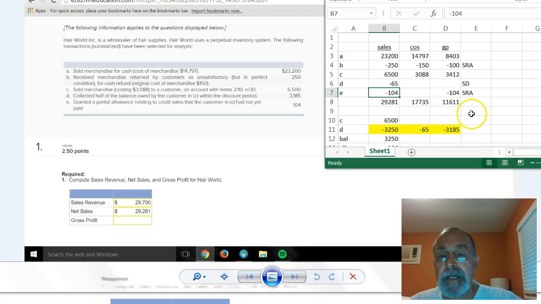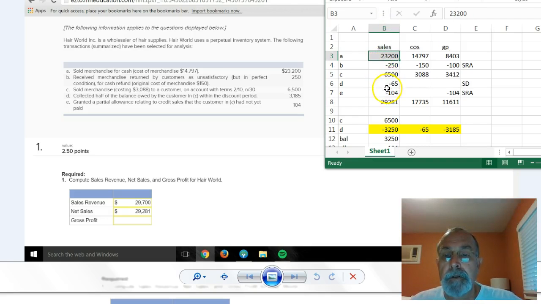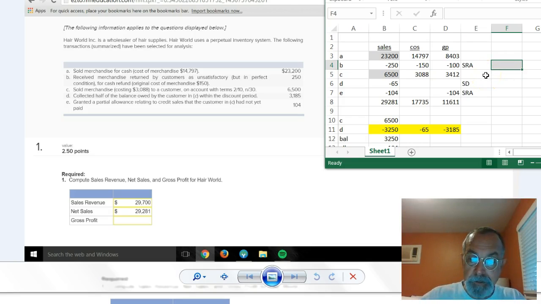So here we have pretty much the numbers that we are looking for. We have the sales. If we put these two together here, we can see that our gross sales come to, why isn't that showing?